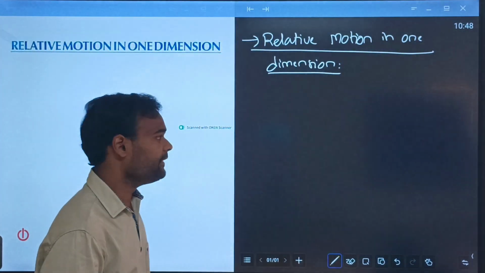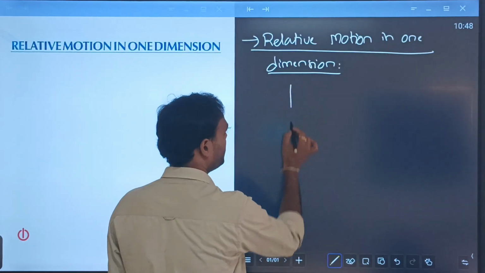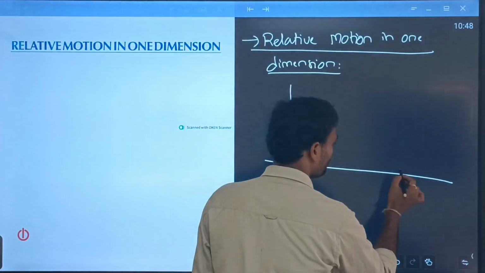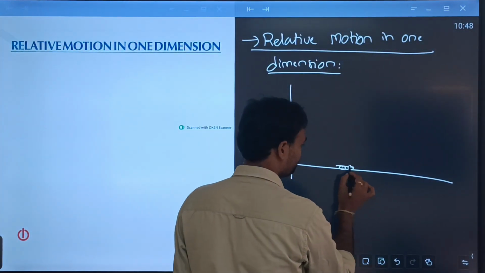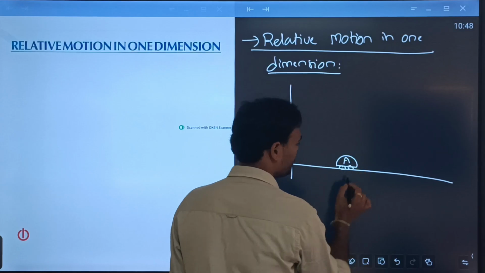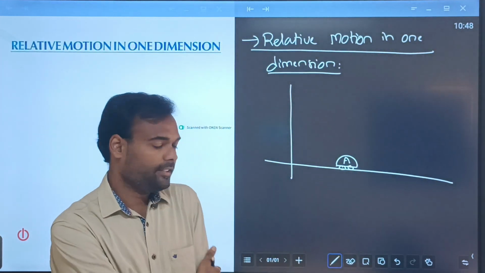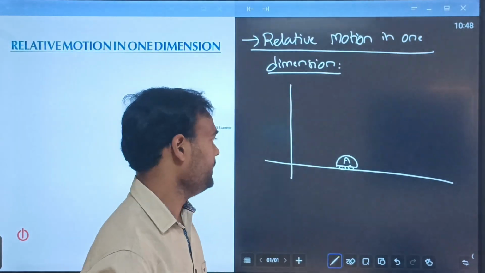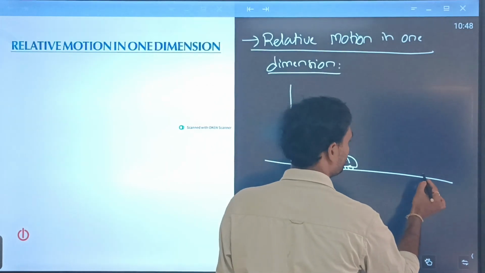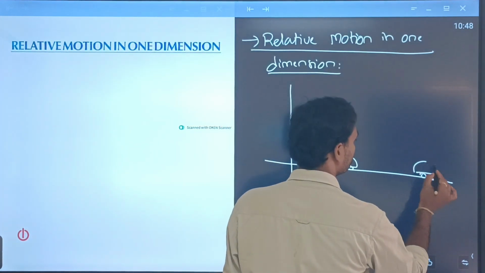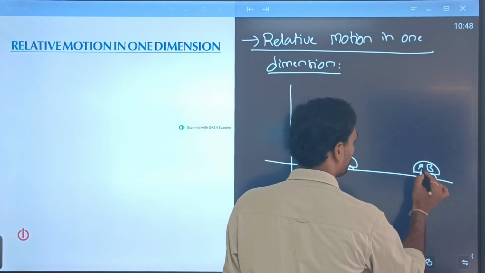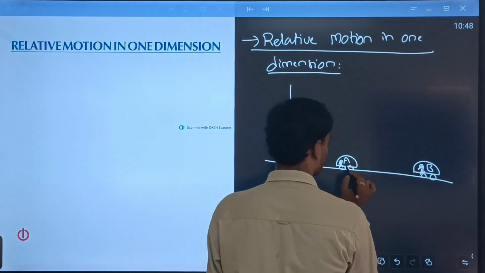Suppose, let us assume an object is present, and suppose a car is present. In the car, a candidate is sitting, and here one more car is present. In this car also a candidate is sitting.